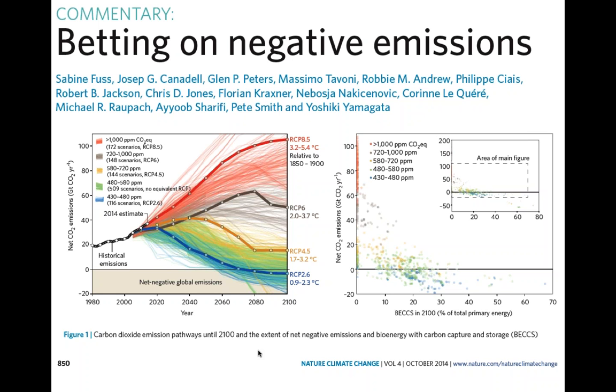But they made the point that all of the scenarios from the Intergovernmental Panel on Climate Change, the UN agency that studies these things, all of those scenarios in blue, green, and yellow that turn out okay, where we avoid the worst of climate change, assume that we're doing bioenergy with carbon capture and storage and other negative emissions technologies at very, very large scale, to the tune of maybe 20% or 30% of all of our energy production.